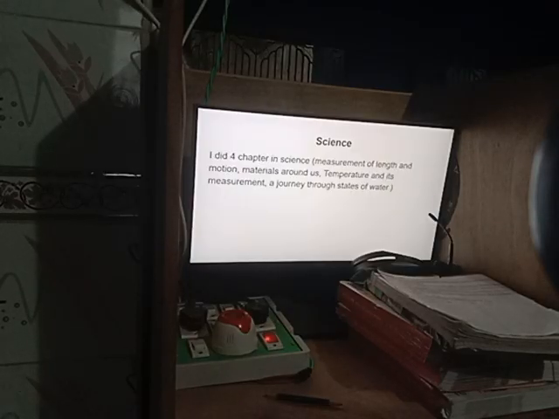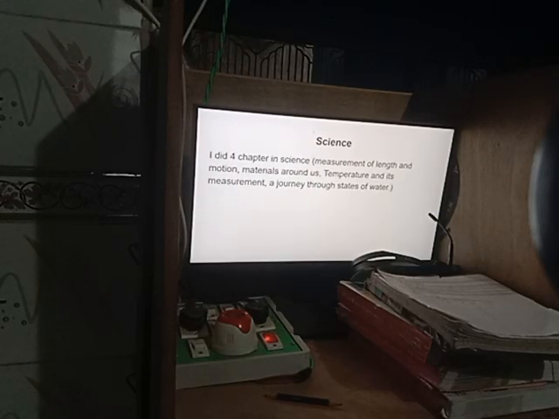And matter, if we combine the mass and volume, that thing will become matter. Matter is anything that has mass and takes up space, like an eraser.